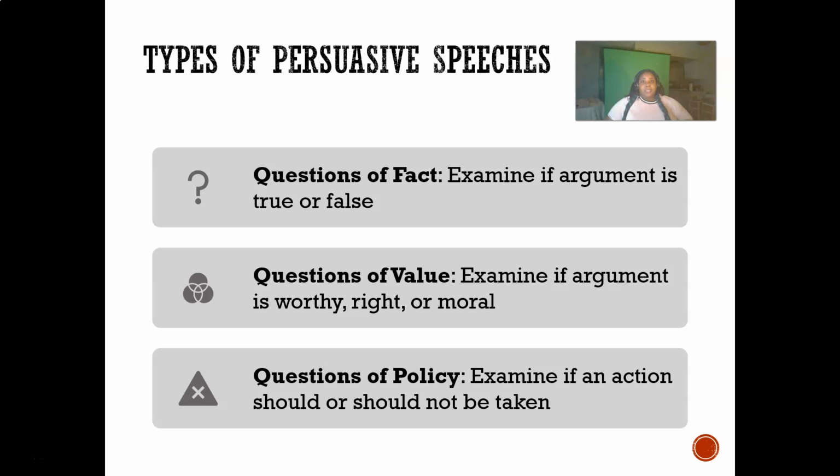So if you're thinking about which topics to choose, you can use the technique that we use for the informative speech. Talk about the topics that you know about. Think about the topics that you don't know about as well, but you would like to know about. Or you can do the different types of speeches. What questions of fact, value, or policy do you want to explore?